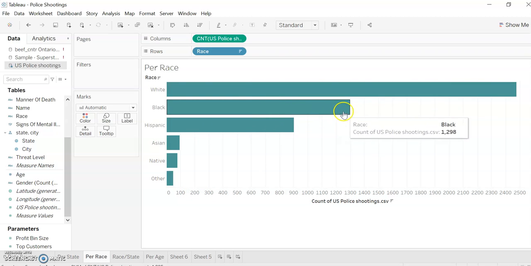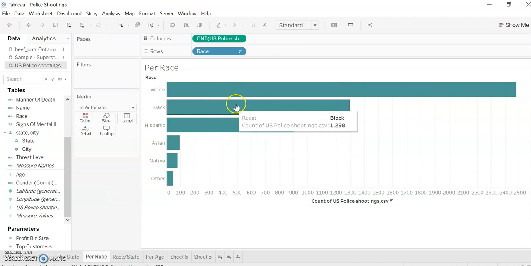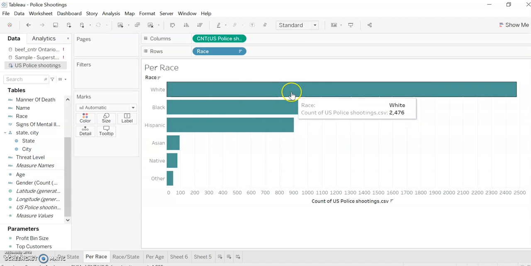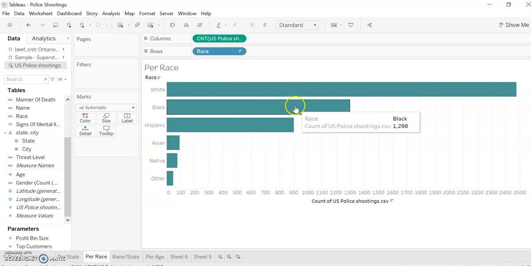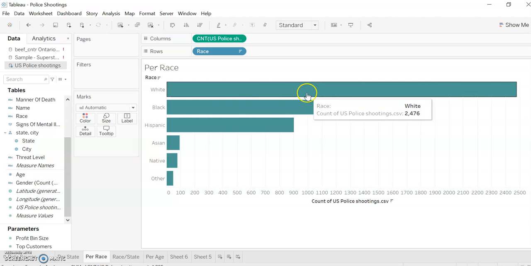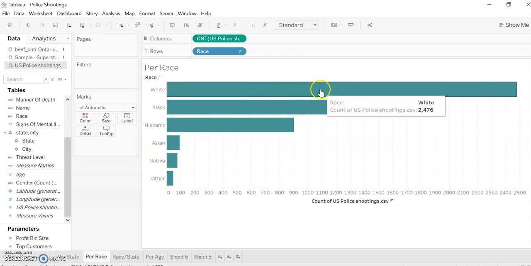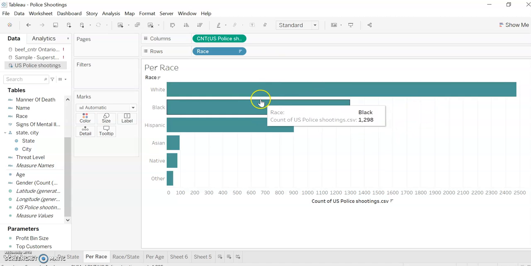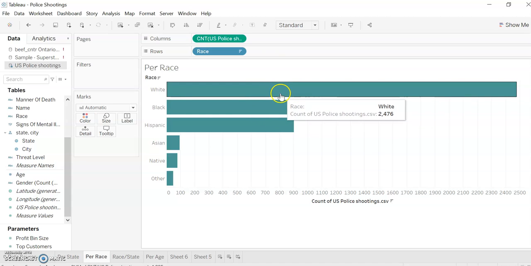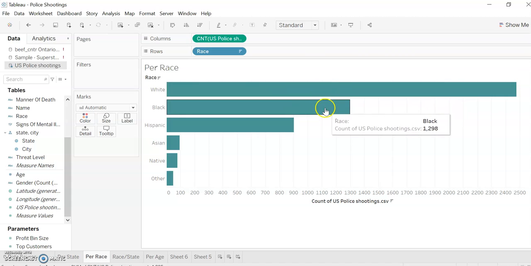Black people are only 13% of the US population, and yet you have more than half of the number of the white victims. So this is not to say we are looking for more numbers in white than the black, but the focus here is on where these shootings are directed.